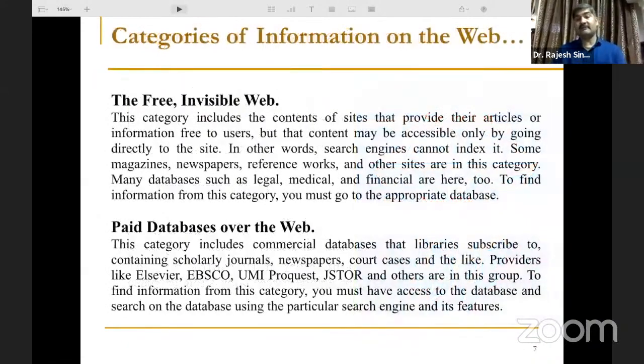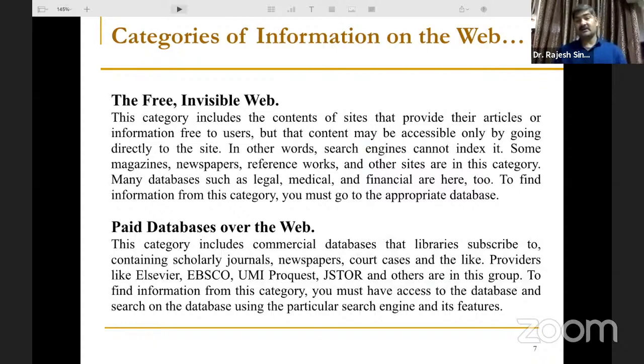The second category of information available on the web, on the internet, is free but invisible web. That is the part of the web which is not indexed by individual search engines like Google, Yahoo, Teoma, alltheweb.com, etc. Why is it not visible?